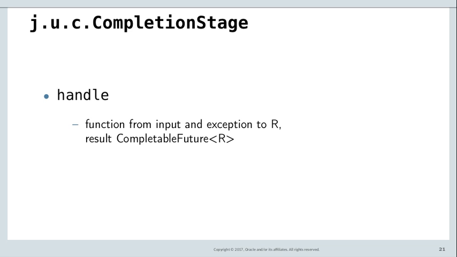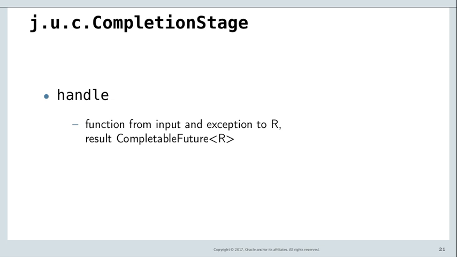handle is yet another function, and in contrast with all the previous functions which I described before, handle can process not only normal completion of the future but also exceptional completion of the future.